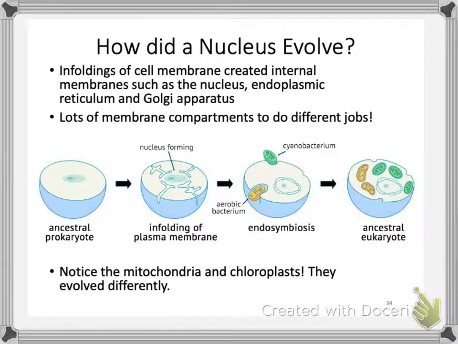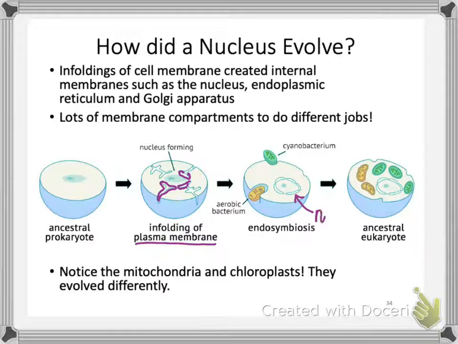So how did the nucleus actually come about? Well, scientists think that the cell membrane actually just kind of started to fold in. Okay, and so here you can see we have these infoldings of the cell membrane, also called the plasma membrane, and it starts to wrap around the DNA that's free floating, and it forms a nucleus.